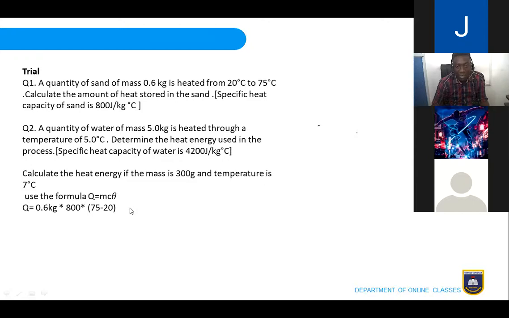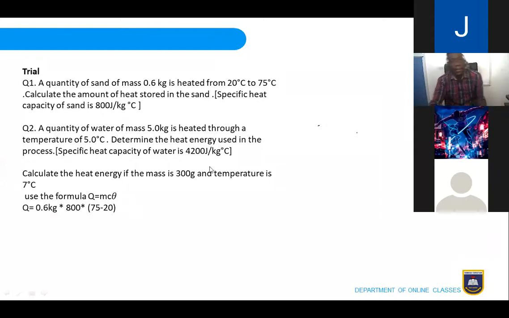The temperature is 7, and the c is 4,200. That's a mistake I made. So you multiply the 4,200, which is the c, by the mass 0.3, and the temperature 7. Okay. So that was it.